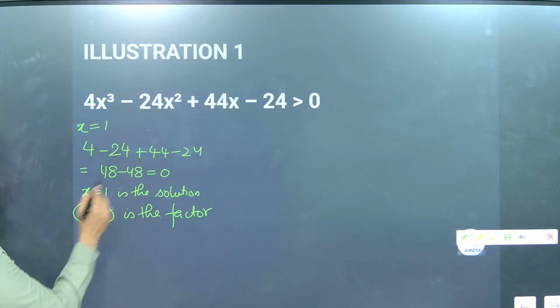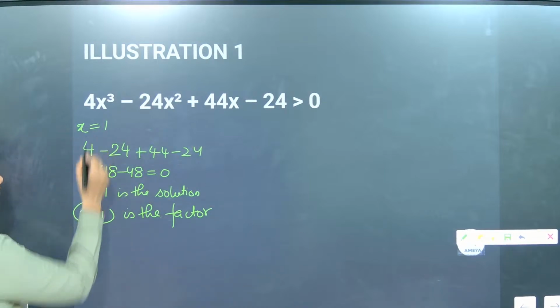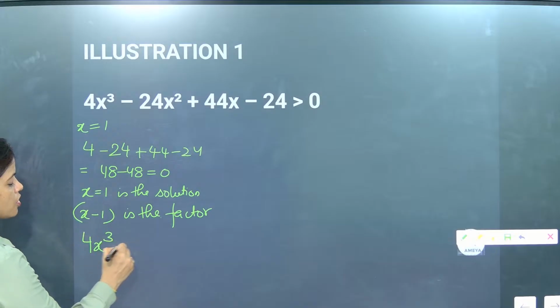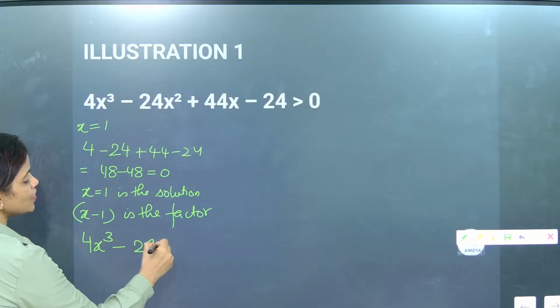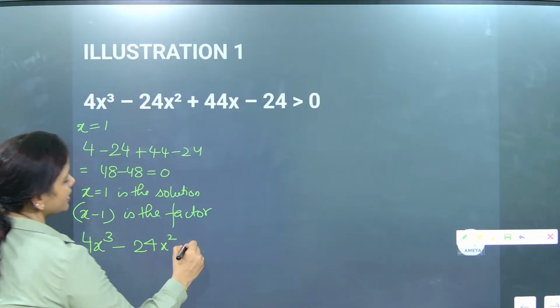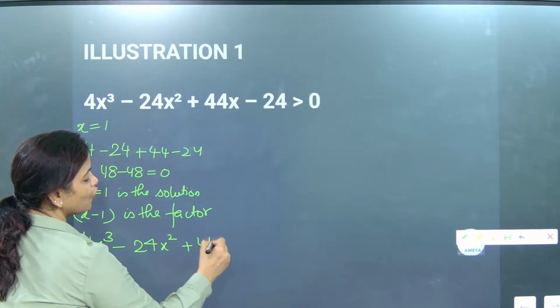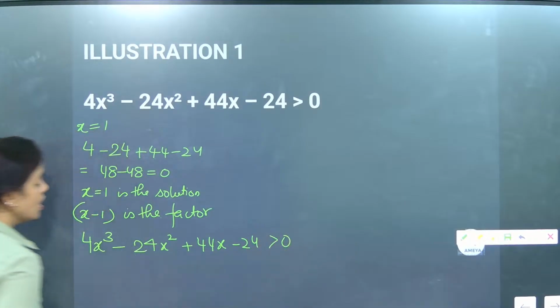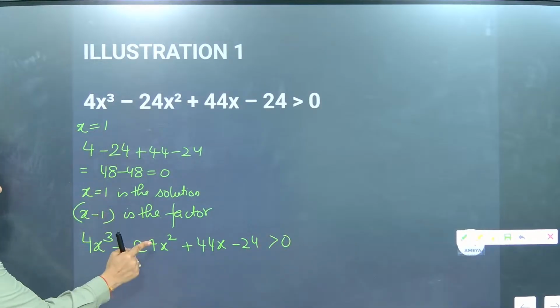Yes, Aditi, I'll do that. So now first work is I'm just going to crack it. Please kindly check how I'm cracking it. 4x cube minus 24x square plus 44x minus 24 greater than 0. Now here is the most important step.